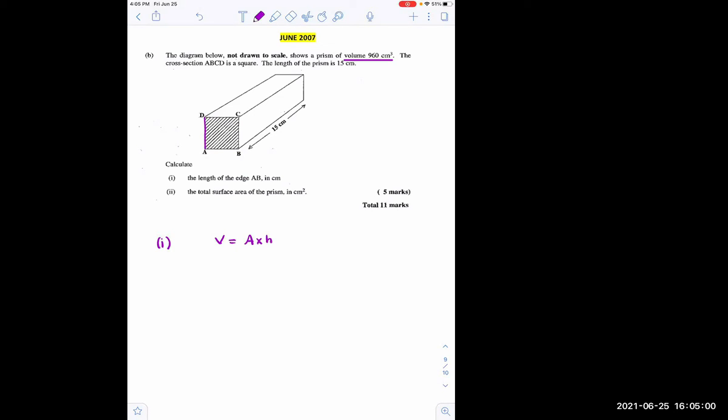What is the cross-section of this prism, or of this cuboid? A square. So this is side by side by h, which is 15, and that is equal to 960. Work out for me the value of the length of one side. 960 divided by 15 and find the square root.